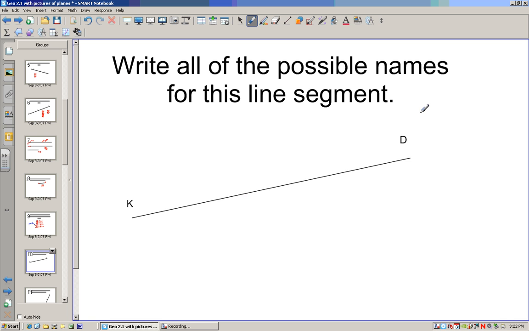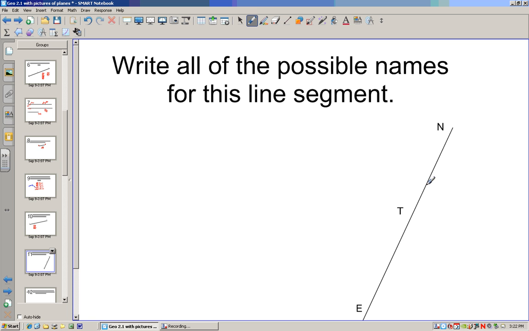So let's write all the possible names for this line segment. KD is one, DK would be the other one. Now this one we can have NE or EN. I think, are there any more?